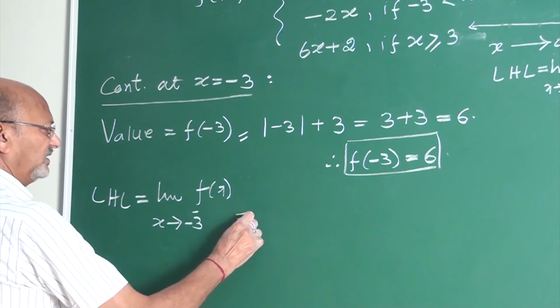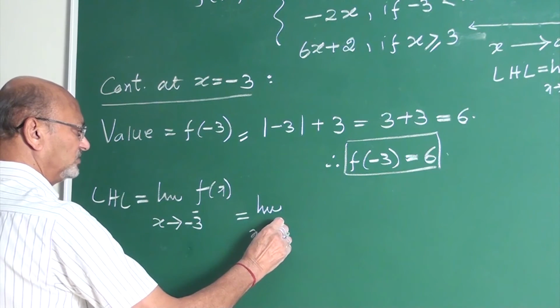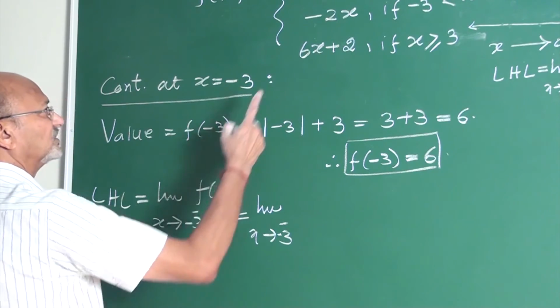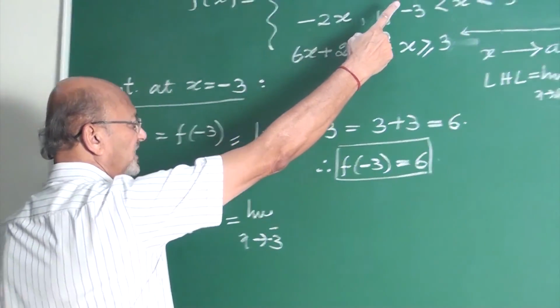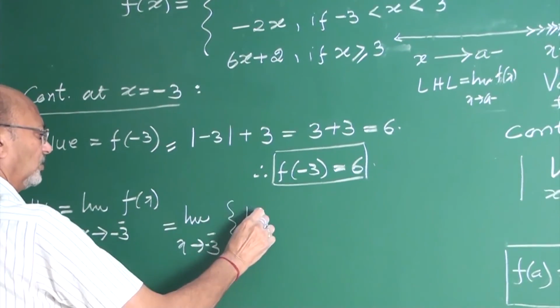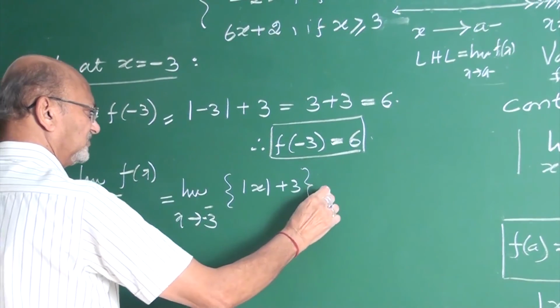When x is less than minus 3, what is your f(x)? It is mod x plus 3. Same, right?